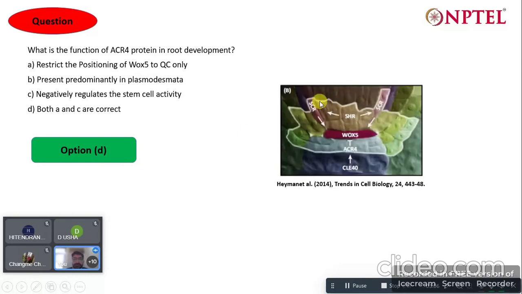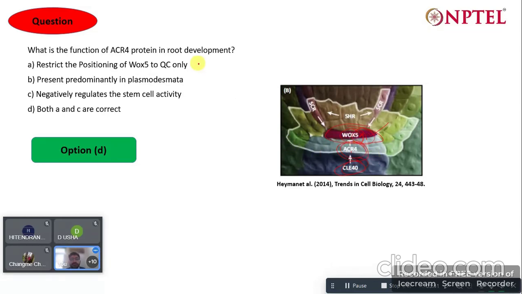So why? Because VOX5 is present in QC. Okay, so what happens is this CLAVATA 40 controls ACR4, and ACR4 restricts the position of VOX5 to be present in QC only. Okay, and this ACR4 also helps to negatively regulate the stem cell activity of this QC in response to CLAVATA 40.